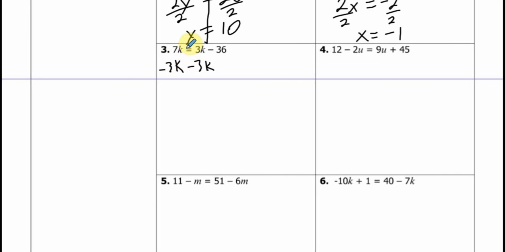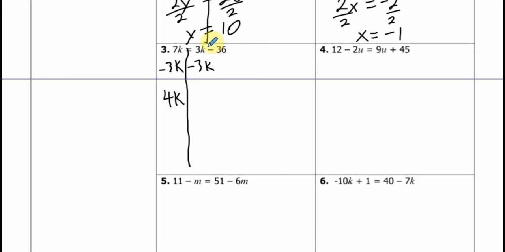On this side, minus 3k. And again, for some people, it helps to draw this vertical line to separate left side from right side. So now left side, 7k minus 3k equals 3k minus 3k, the whole point with that. Cancel it out. Now make sure you bring down this minus sign with the 36.